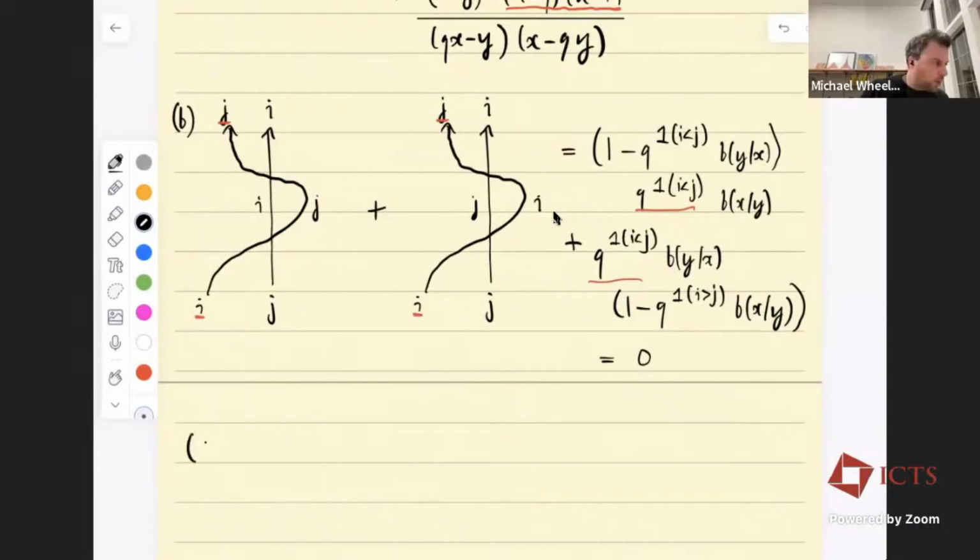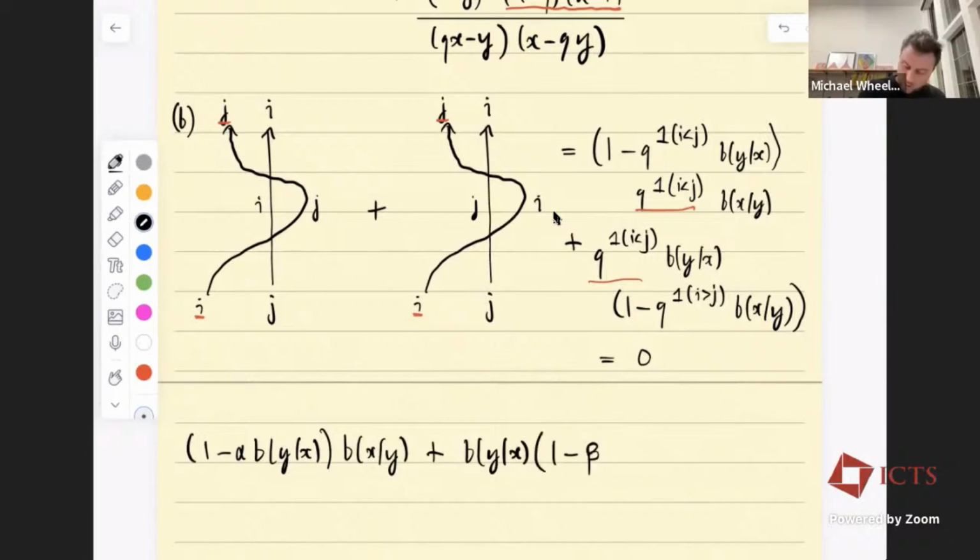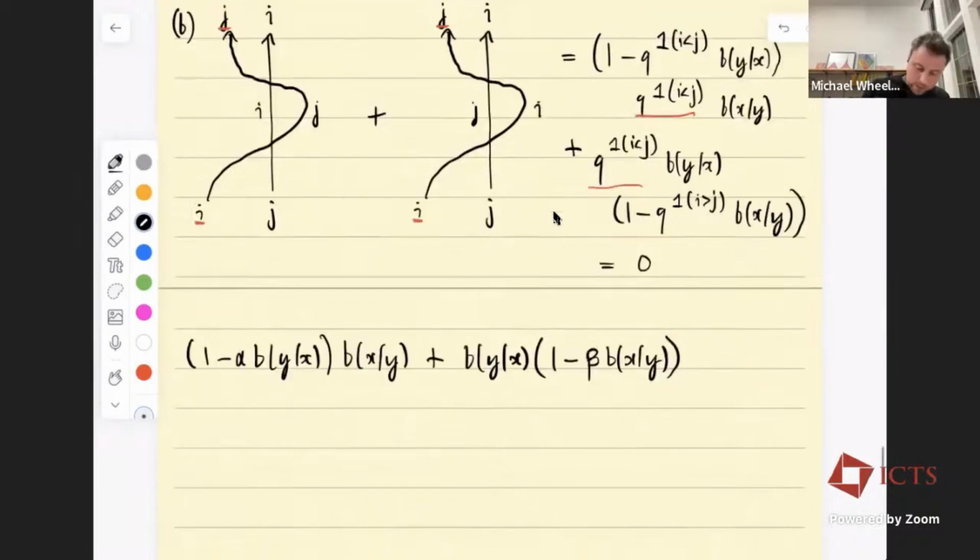So it's of the form 1 minus alpha b of y over x times b of x over y plus b of y over x, and then 1 minus beta, the new parameter, b of x over y. And if I copy that correctly, you get something that looks very similar to the previous answer.